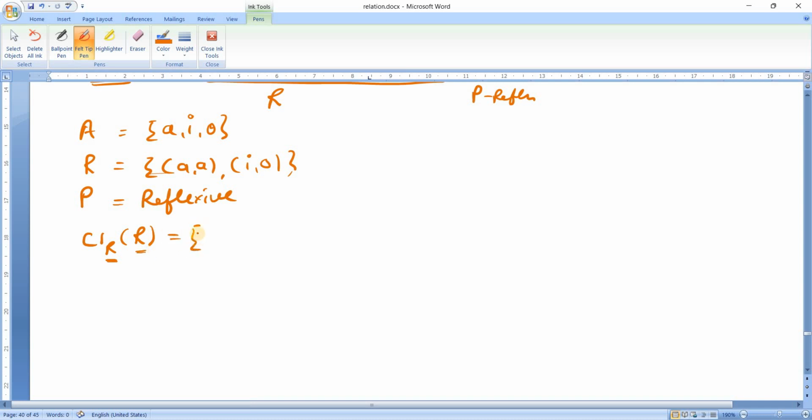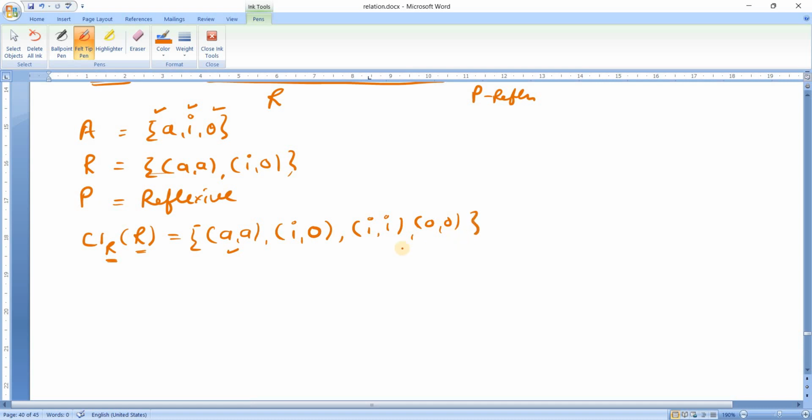Now this is the smallest relation that is containing the relation itself. So first of all, let me write the relation, that is (a,a) and (i,o). Now this should contain the reflexive property. So for the property, we should have (a,a), (i,i), and (o,o). We already have (a,a), so let me include (i,i) and (o,o).